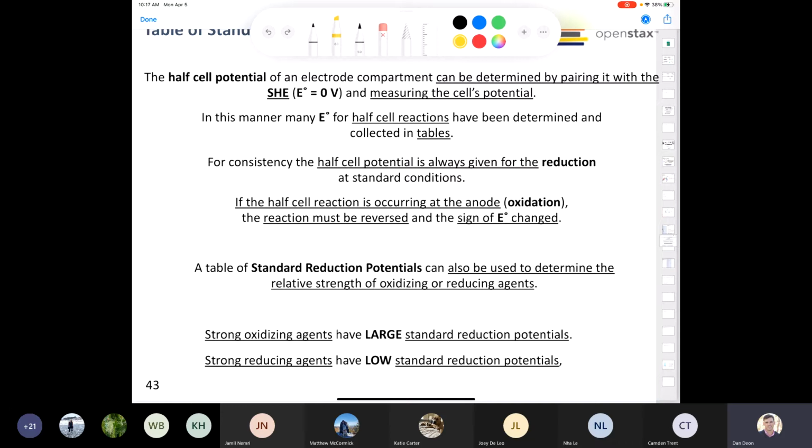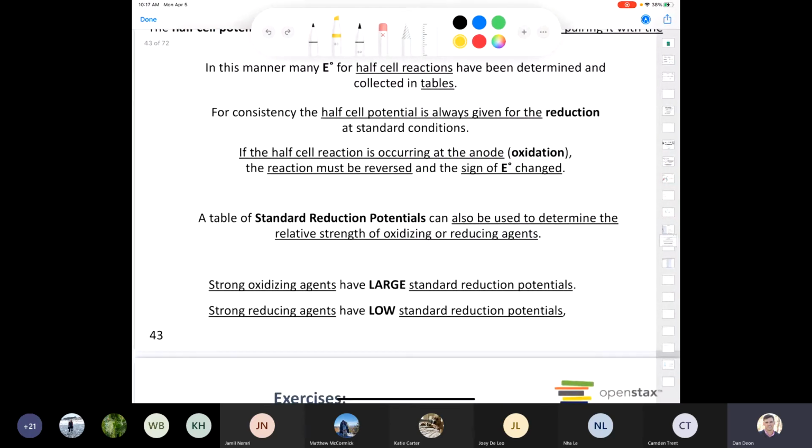So you have to have standard conditions, 1 molar solutions. You can't change the temperature. It's got to be room temperature, 298 Kelvin, 1 atmosphere of pressure. If you reverse the sign, E naught changes. And I told you that the strongest oxidizing agents have large standard reduction potentials, and strong reducing agents, of course, are going to have low standard reduction potentials.